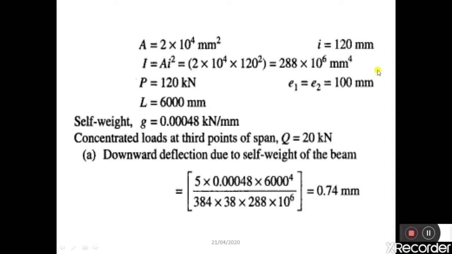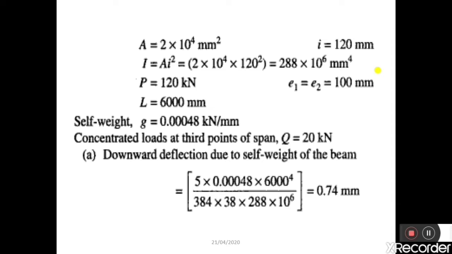we have different equations depending upon the cable profile. Here we have two cable profiles, one is parabolic and one is linear or straight. We need to calculate the deflection due to pre-stress for both the cases. Let us see that later.